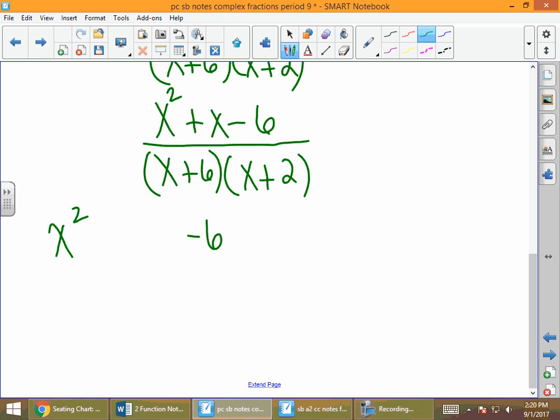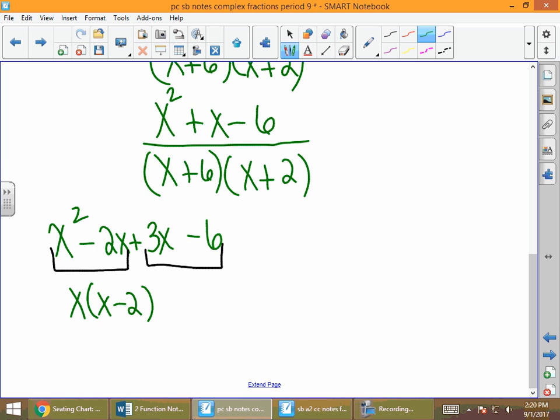What combines to be 1? 2 and 3. Which one's positive? It's actually the 3. But when we factor, we've got x times x minus 2. We have 3 times x minus 2.